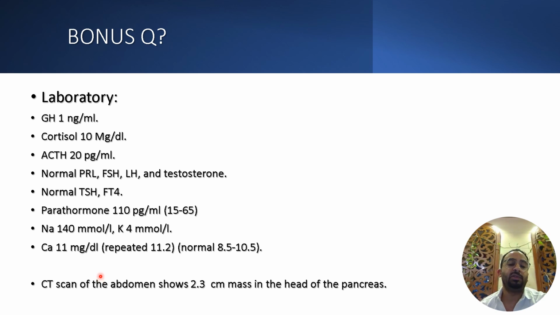So we have a patient with a previous history of acromegaly, a previous pituitary adenoma, and now asymptomatic primary hyperparathyroidism, with extensive ulceration in the GIT and a CT scan finding in the abdomen showing the presence of a 2.3 centimeter mass in the head of the pancreas.